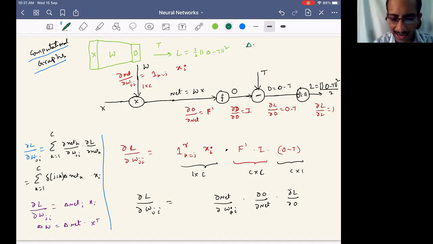So we want to find delta W, or ∂L/∂W, or we want to find delta W_ji, the gradient of each element. Why do we need this? Just to get an overview or background of what we are doing again.